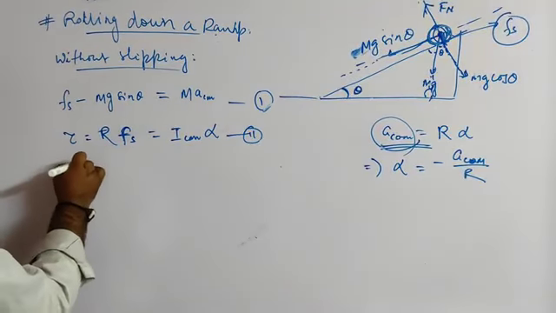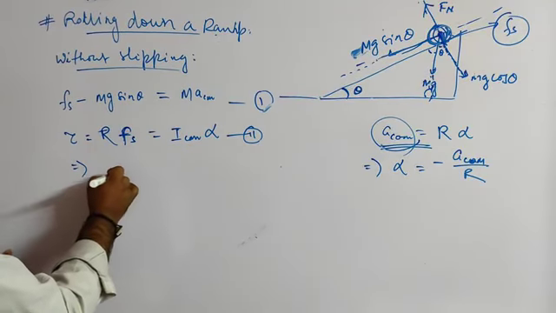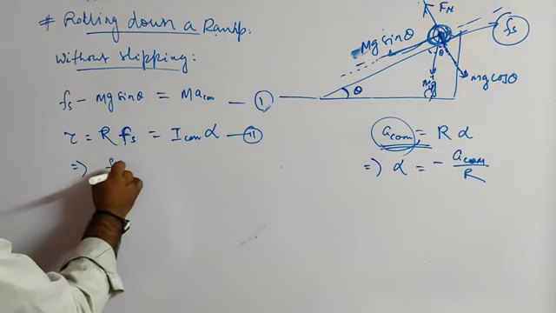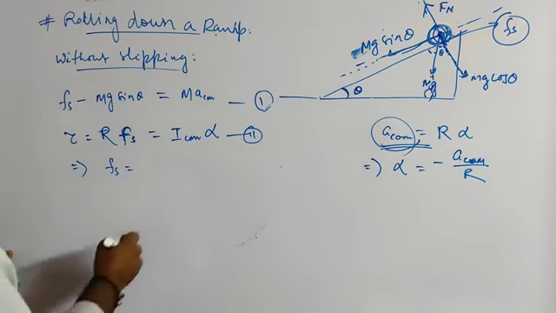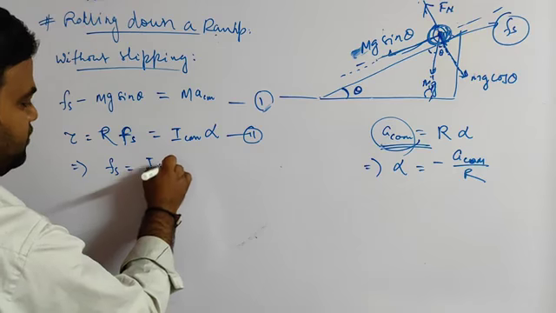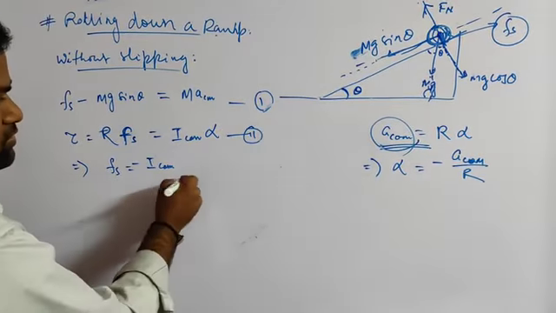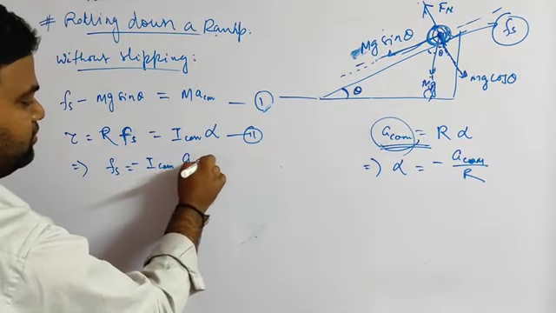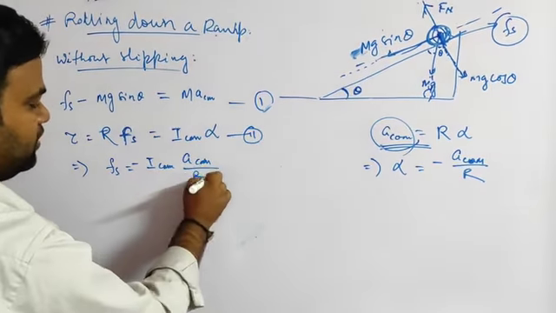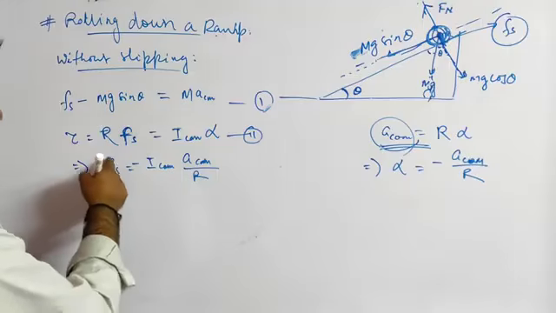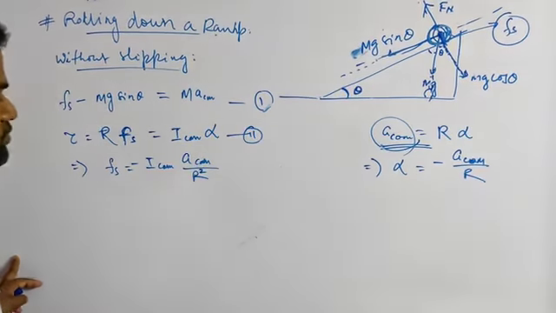So from here we will get that the frictional force F is equal to I center of mass, alpha is negative, minus a center of mass by r, and this r also will be divided, r square, right?